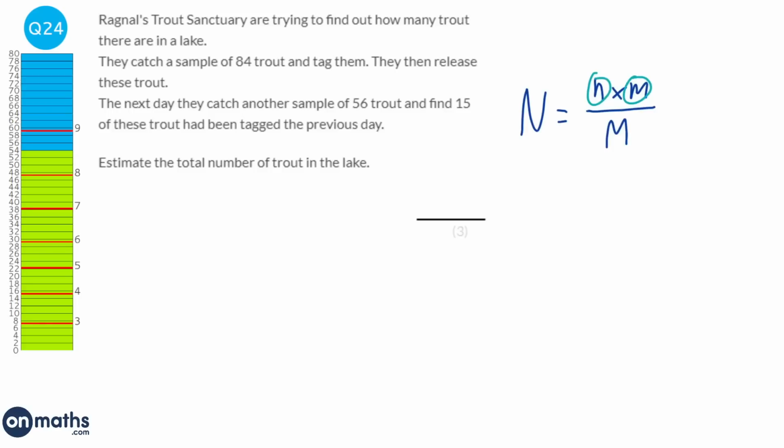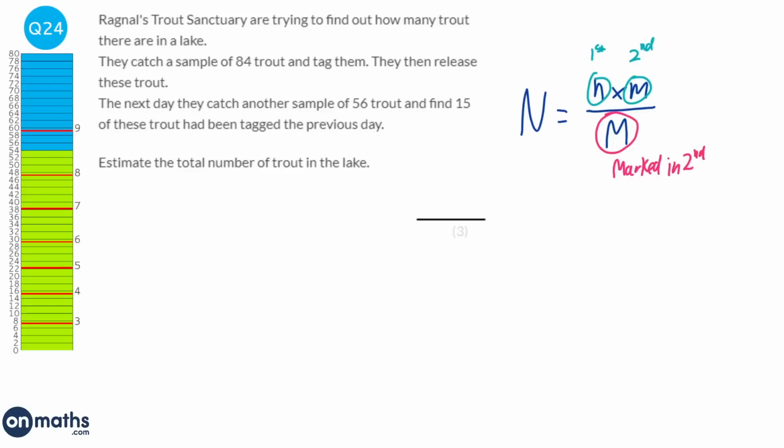Okay, so they're the size of each sample, and this big M here is the amount that were marked in the second sample. Okay, so n is the first sample, m is the second sample size, and then M is marked. So marked in the second sample, because obviously you're going to mark all of them in the first sample.